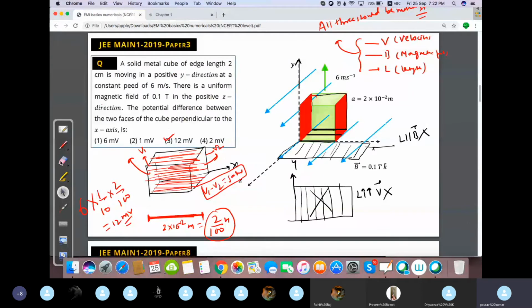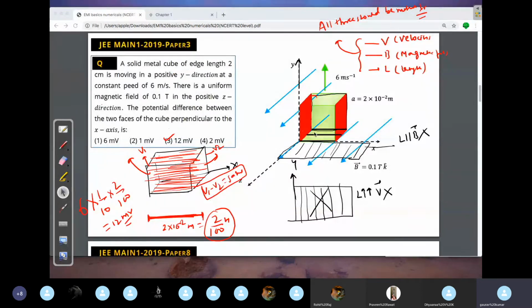So in this case, if you divide the entire solid into parallel lines like this, and these parallel lines are along the x-axis, in all the lines you will get an EMF induced. But all the lines are with reference to these two ends. By the way, they have asked also the same thing. We know that it will not occur for other ends.